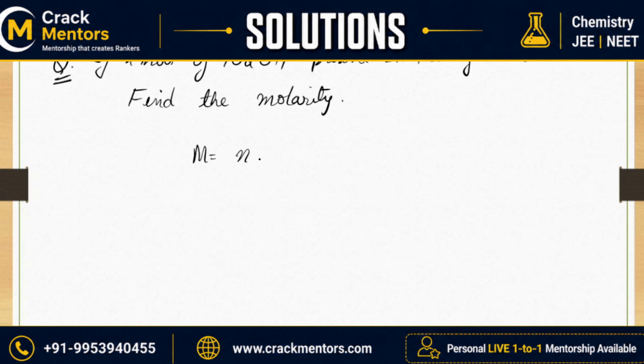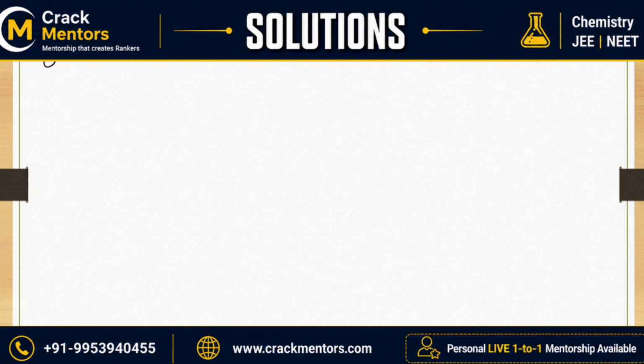Molarity is moles of solute, that is NaOH here, upon total volume of solution. What are the moles of NaOH? 2 moles. What is the volume of solution? That is 1 liter. So molarity will become 2 M, or M is also represented as mole per liter. Now let's proceed to the second question.